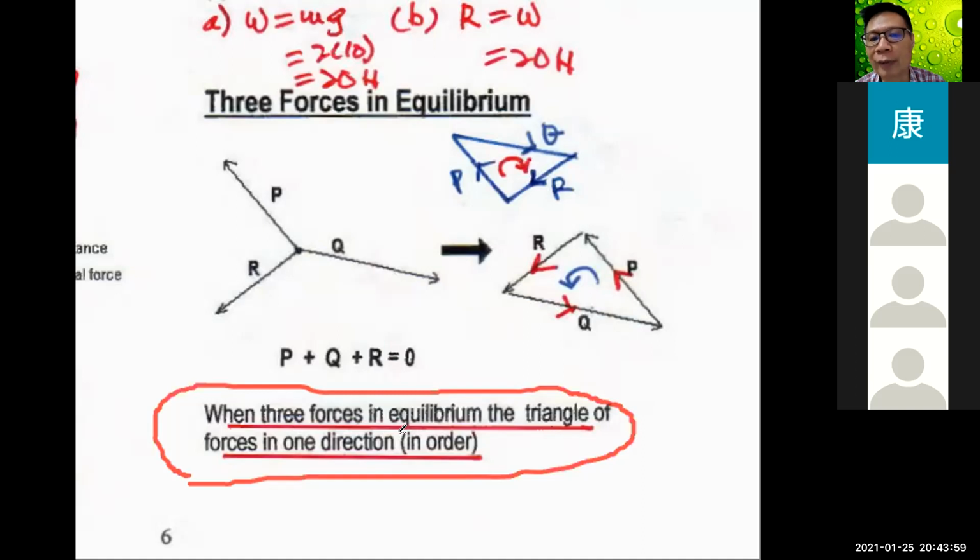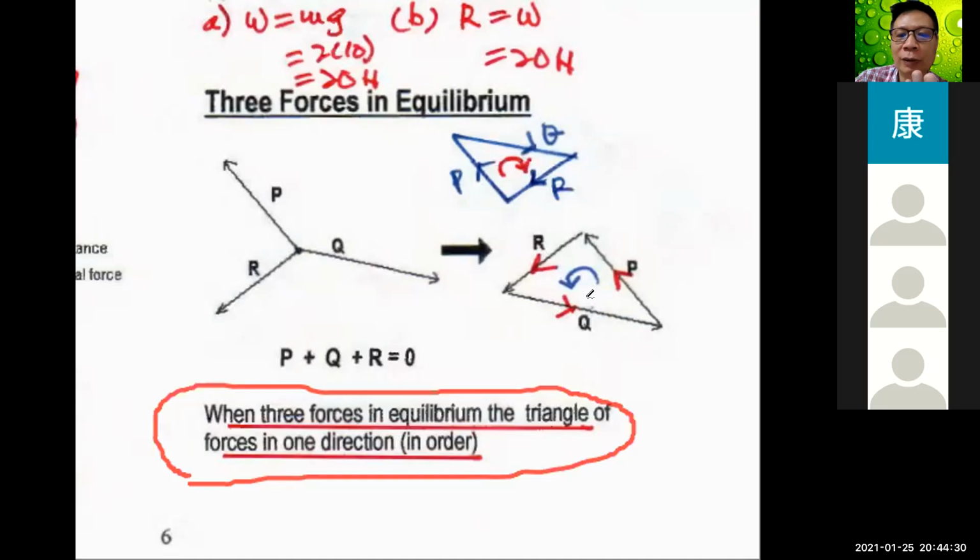I'm sure some of you will ask, why this one like this? Why not here? Why go in the opposite direction? Okay, don't be confused. What I just taught you was checking whether the forces are in equilibrium or not. To check means you join them up, see whether you can form a triangle in one direction or not.